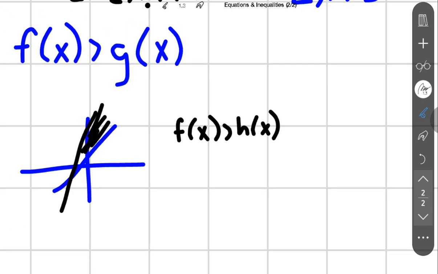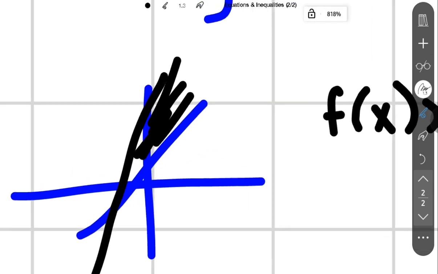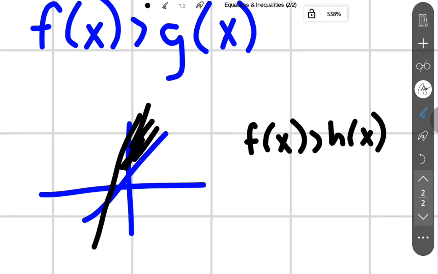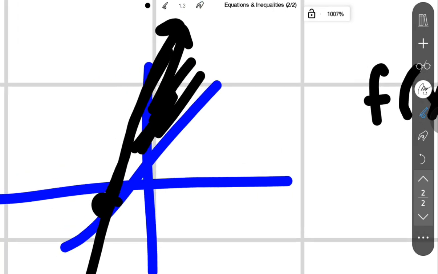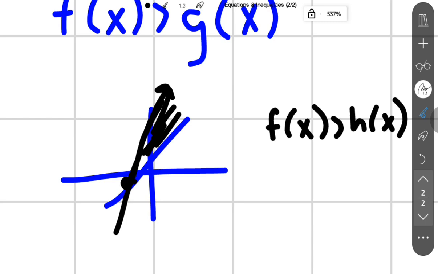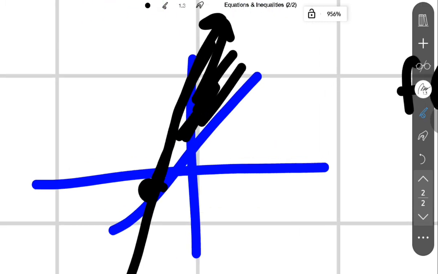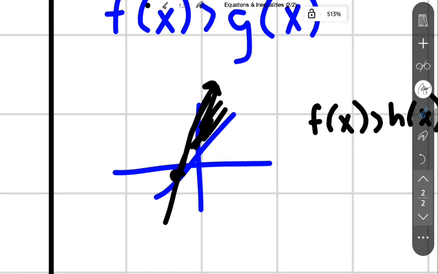Let's say that the black line represents f of x and h of x is the blue one. You see where they intersect here, and after the intersection, this line is greater than the other function because it's above it, so that's what it means graphically. So anything after the point of intersection in here will represent this inequality.